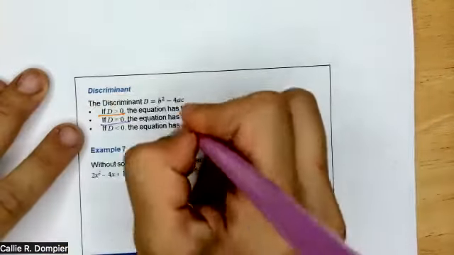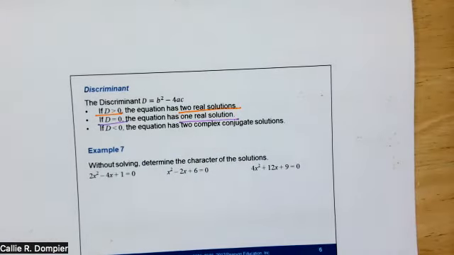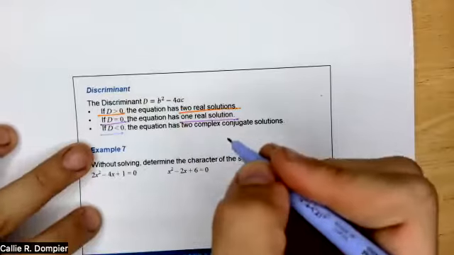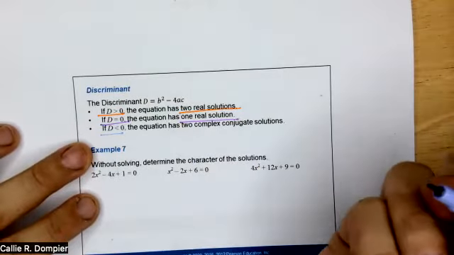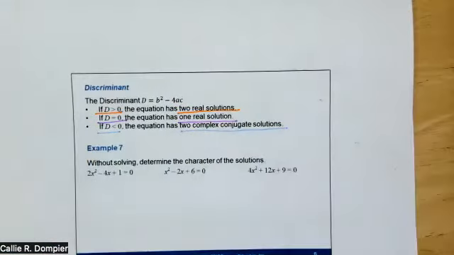If your discriminant is 0, then you have one solution, right? Because the square root of 0 is 0. And if it is less than 0, so if you get a negative number under that radical, then you will only have complex numbers as your solutions.